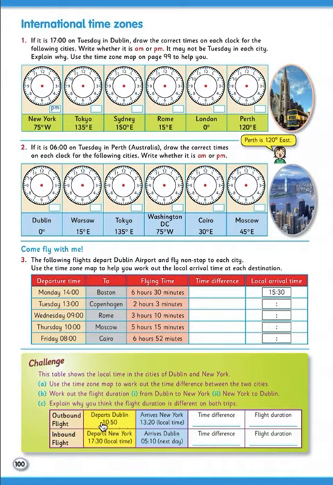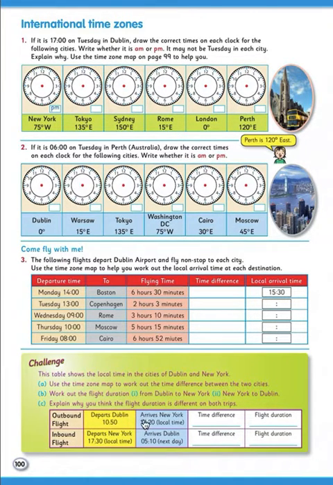Okay, it's a challenge, I suppose I shouldn't explain it too much, it's left up for ye, but you can work out the time difference between the two cities using the map.